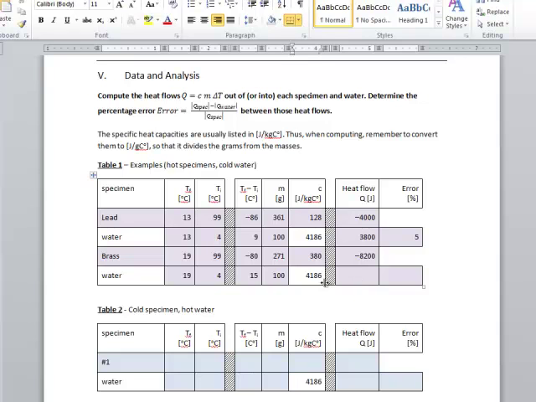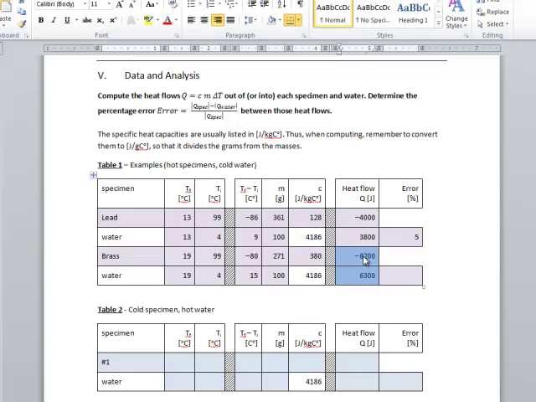So again, I'm going to type in 4.186 to have it converted to per gram, times 100 grams times 15 Celsius degrees, and I come up with 6,279, respectively 6,300 joules flow into the water.